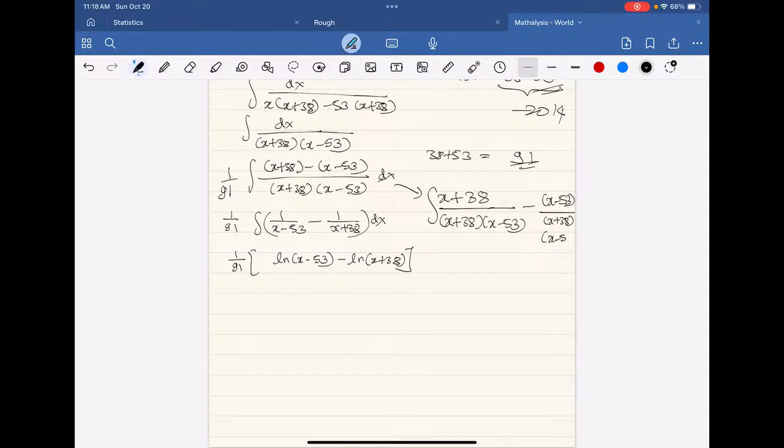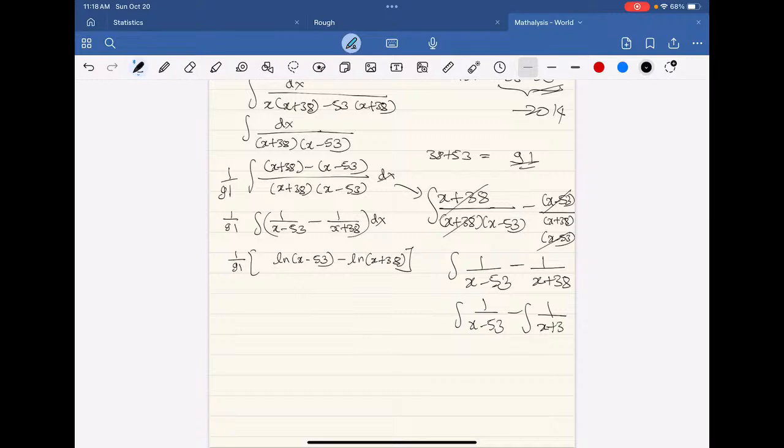And the benefit of the cancellations is that our integral will be simplified, because now there are two different rational functions and I can integrate them one by one, right? So that's why I did that.